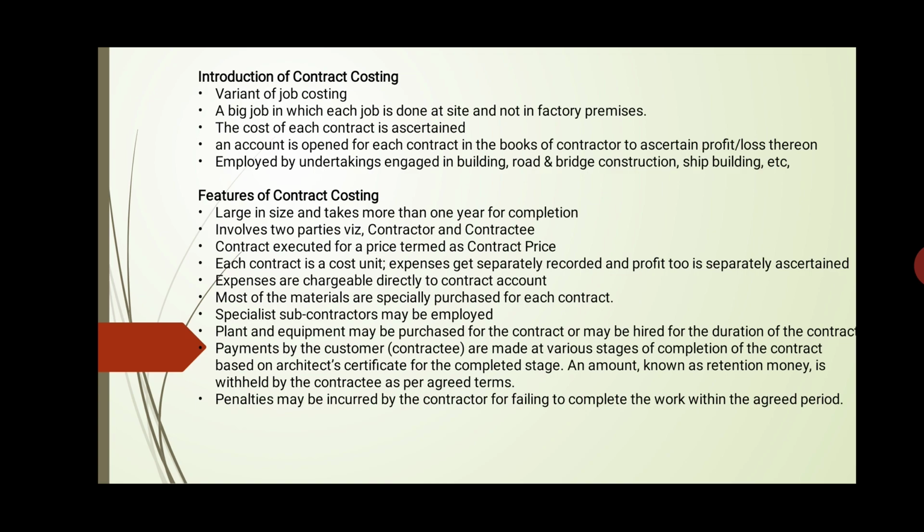For example, if the contractor and contractee have decided to successfully complete the contract within 5 years, but the contractor fails to do so, the penalties have to be incurred by the contractor because he is unable to complete the work within the agreed contract period time.